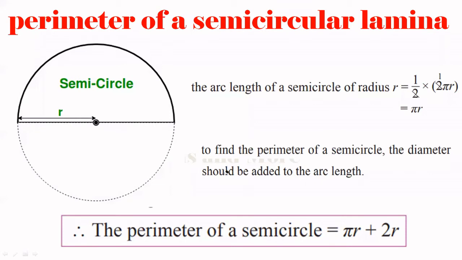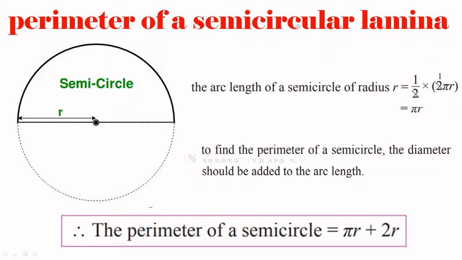A 1 rupee coin is also a circular lamina. Semicircular means from this circle, through the diameter, we divide the circle into two equal parts and we get only one half.